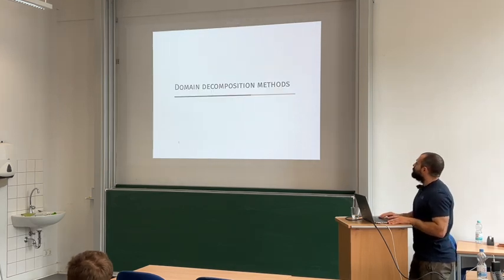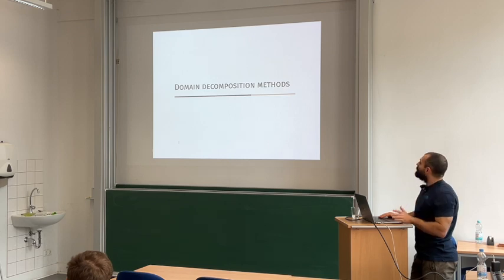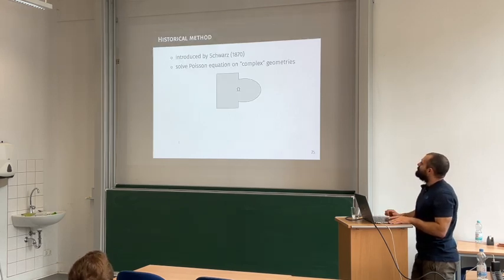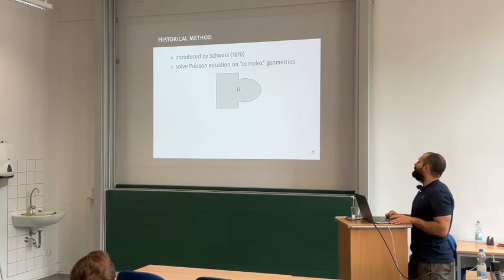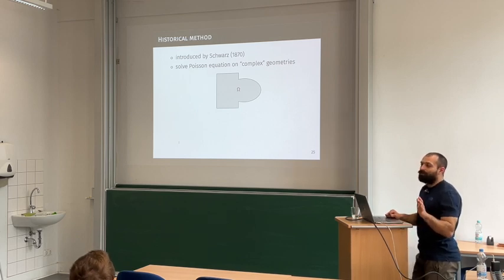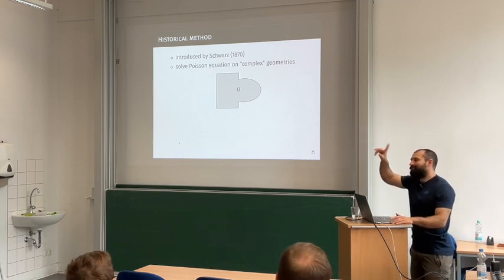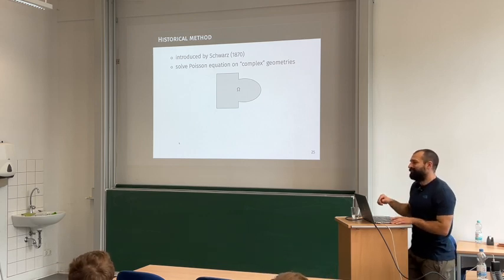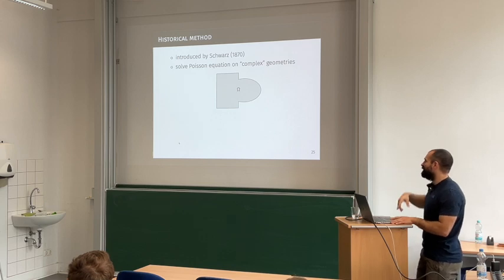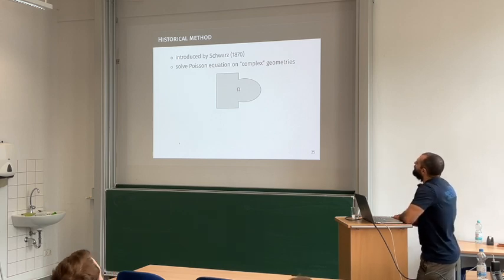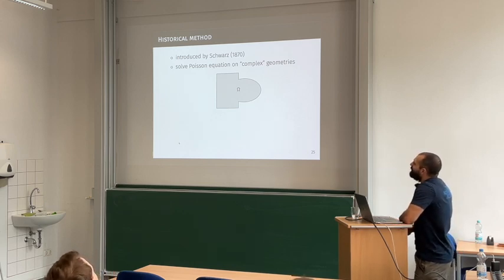Okay, so now domain decomposition methods. The historical method was introduced by Schwarz in 1870, at a time when there was no parallel computing. It's funny because Schwarz is in the genealogy tree in the coffee room. If you go back, you'll see Hermann Schwarz on the tree.